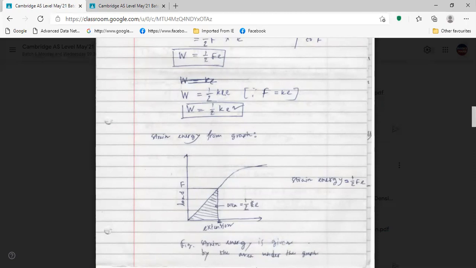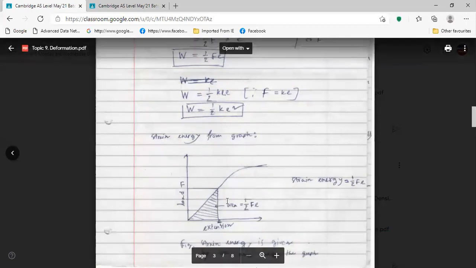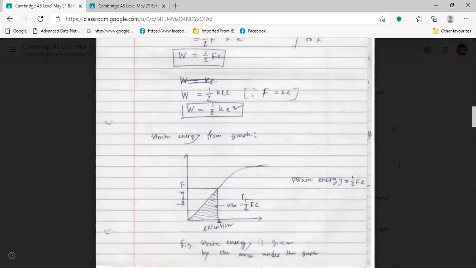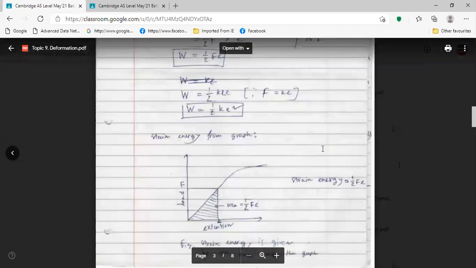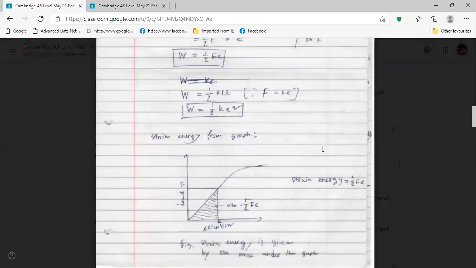Area under the graph is half FE here. So the work done is this part, the shaded part. That is also known as strain energy.